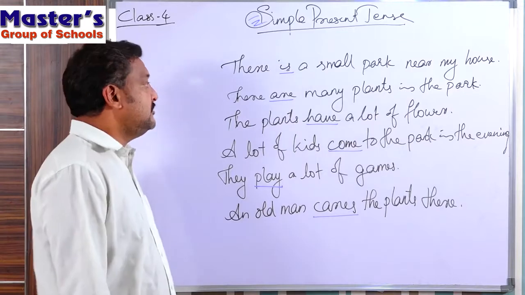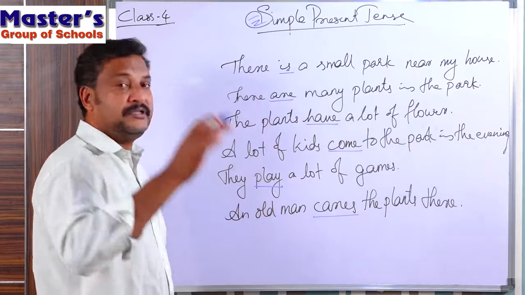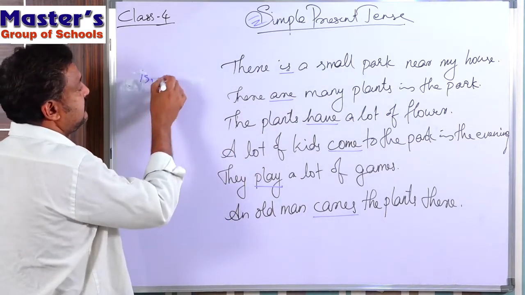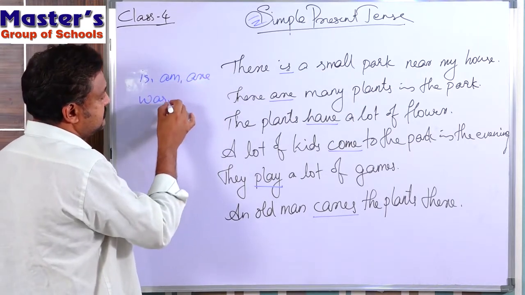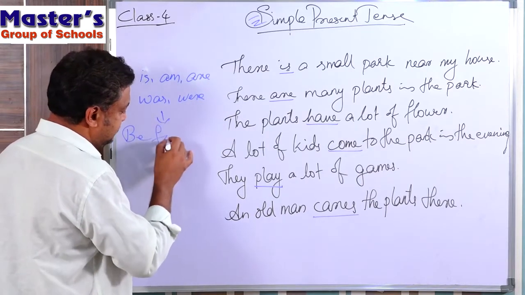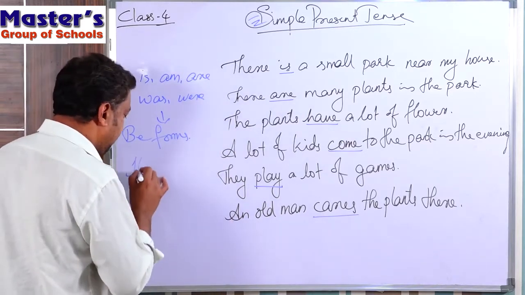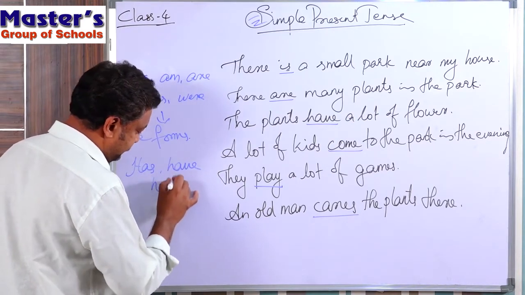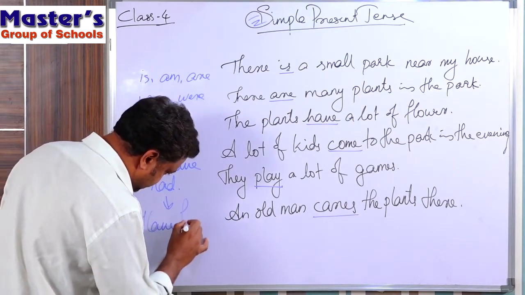So in which forms are these verbs used in the sentence? In their simple present tense form, right? We know is, am, are, was, were. These are the be forms, isn't it? And has, have, had are the have forms.